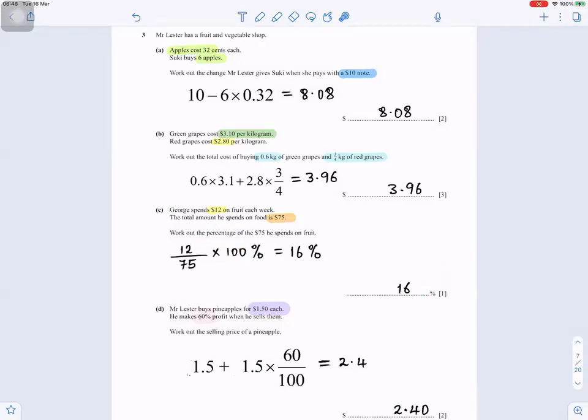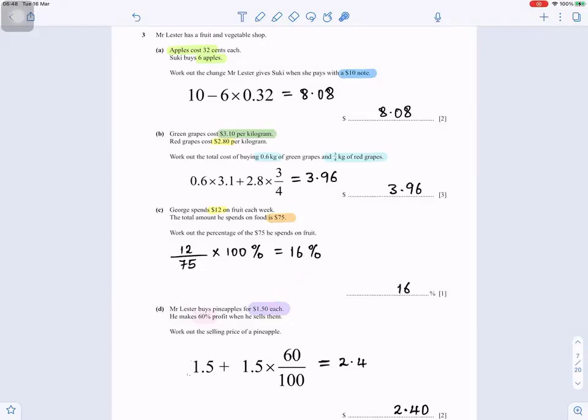Part D, Mr. Lester buys pineapples for $1.50 each. He makes 60% profit when he sells them. Work out the selling price of the pineapple. So we want to first of all find what does 60% mean? What is 60% of $1.50?